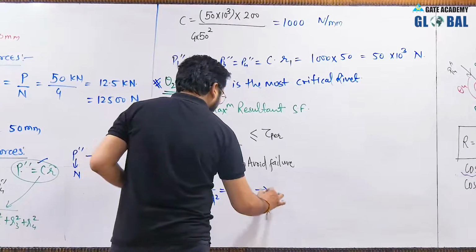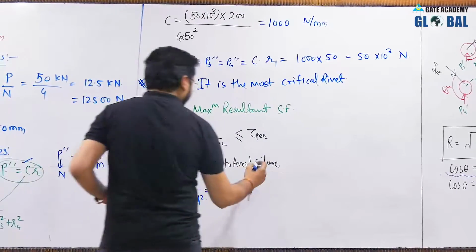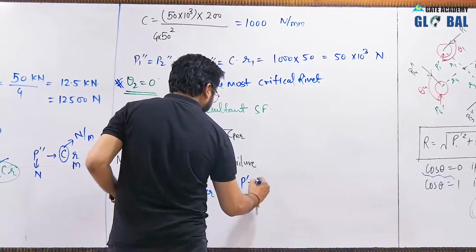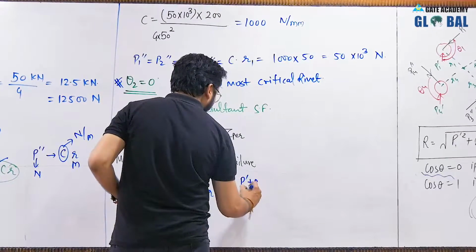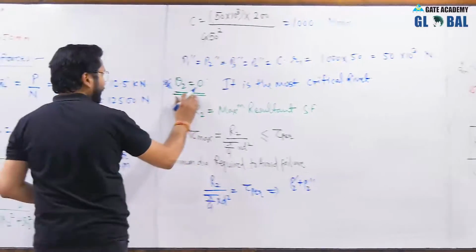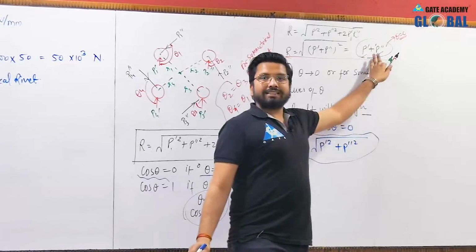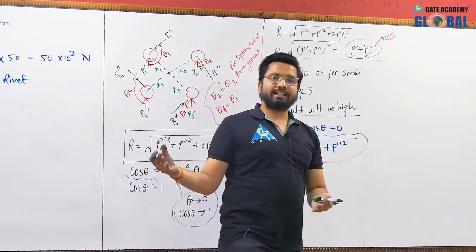R2 will be P1 dash plus P2 dash plus P2 double dash, as the angle is 0 degree. For 0 degree, on adding up the primary and secondary shear forces you will directly get the resultant force.